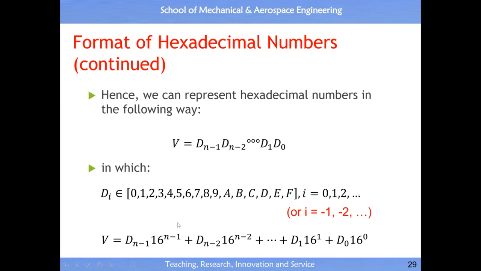The value of the digit position is equal to 16 raised to the power of the digit's position. For example, at this position n minus 1, the value of the digit position is equal to 16 raised to the power n minus 1. So it's very much similar to the case of a binary number and a decimal number.